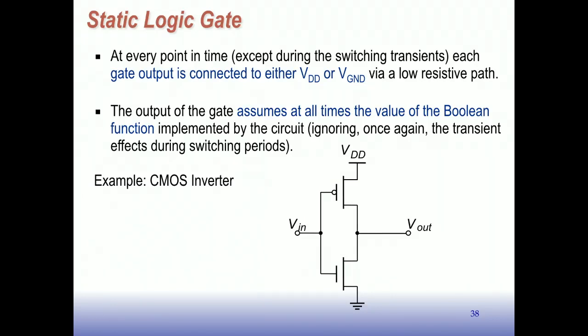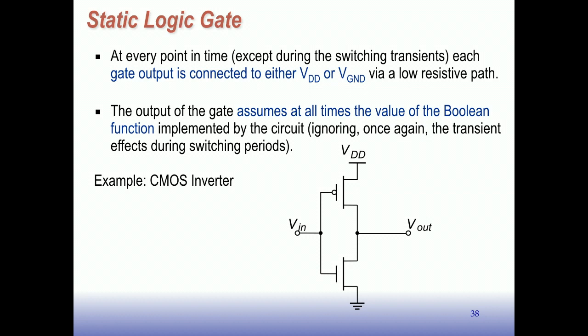Well, we can generalize this idea with the inverter to make other types of logic gates. You've probably seen these before. But the idea is this. At every point in time, and this is so-called static CMOS logic, except during the switching transients, each gate output is connected to either VDD or ground via a low resistance path.